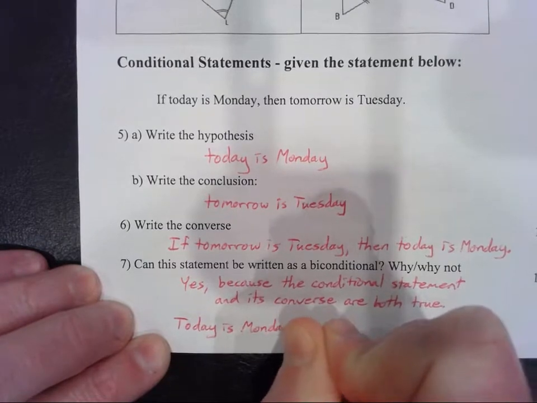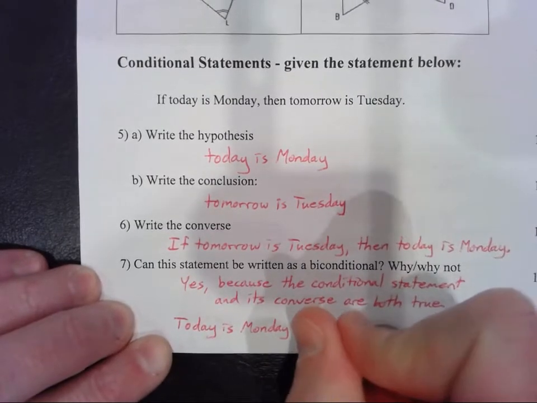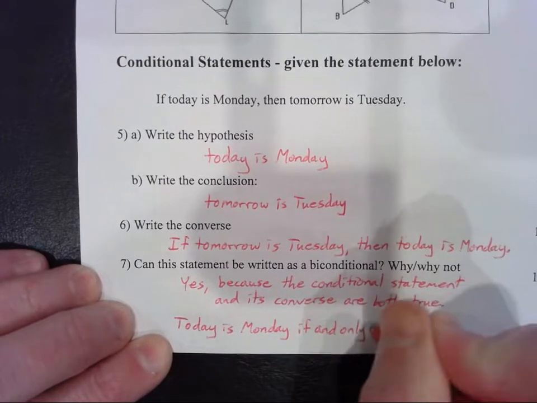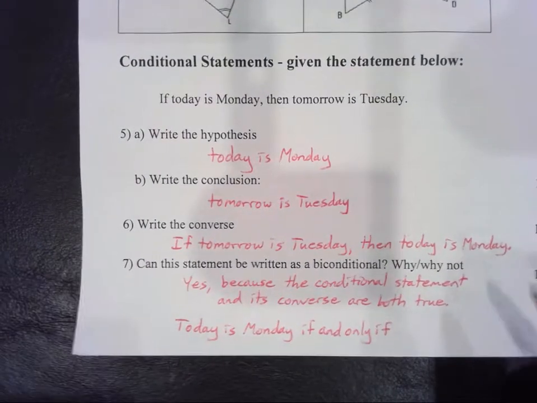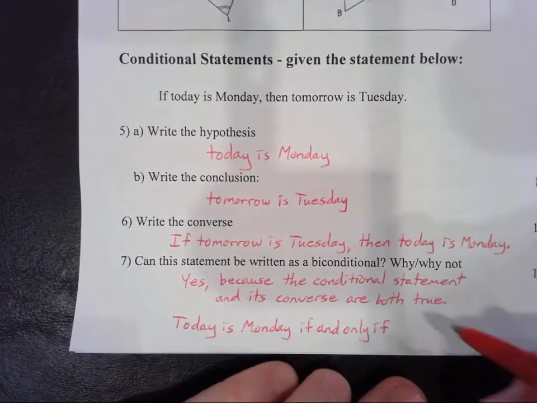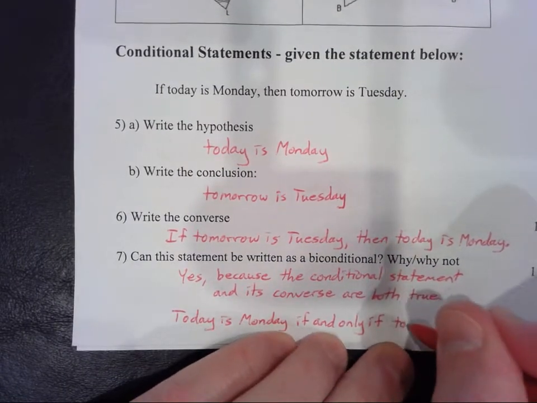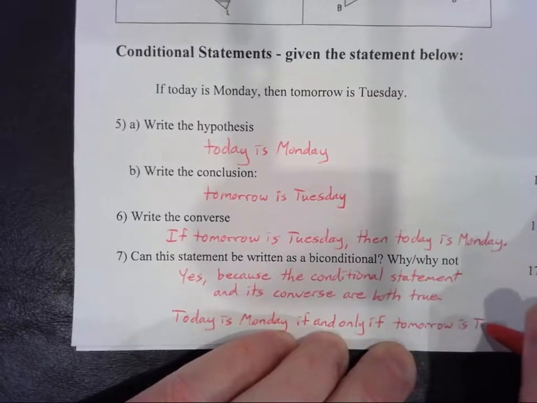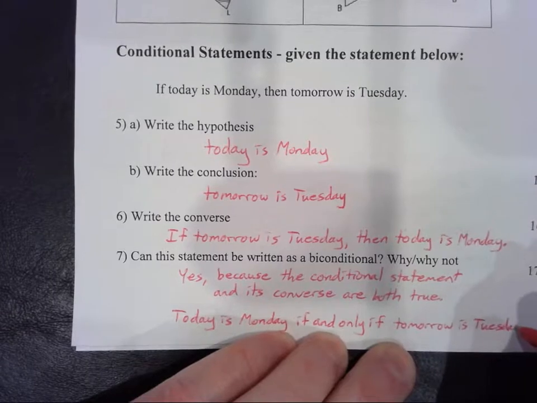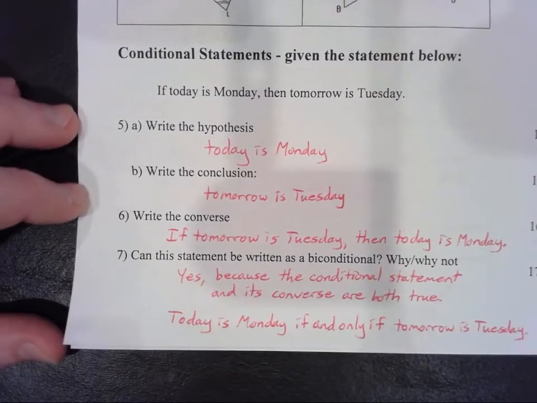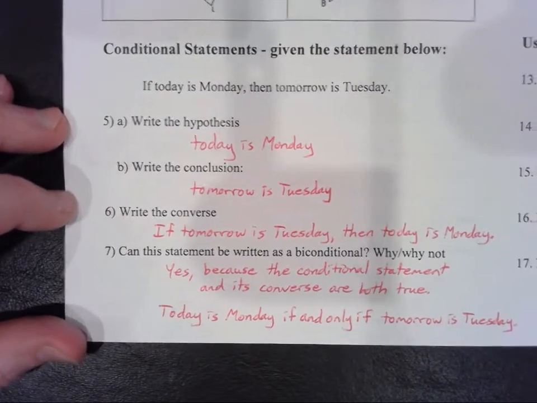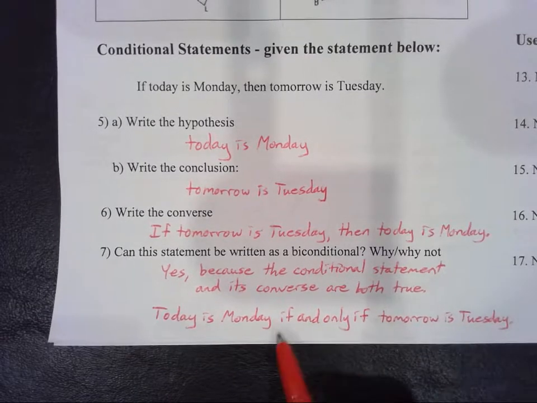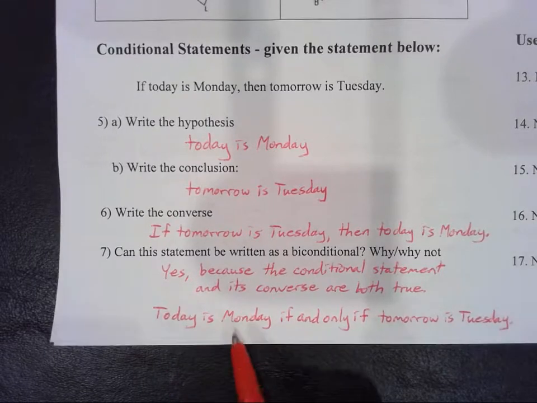It's just today is Monday, and now this is where we insert the if and only if, and then write the other part, in this case the conclusion, tomorrow is Tuesday. Today is Monday if and only if tomorrow is Tuesday. Or the other option would be tomorrow is Tuesday if and only if today is Monday. Either way would be fine.